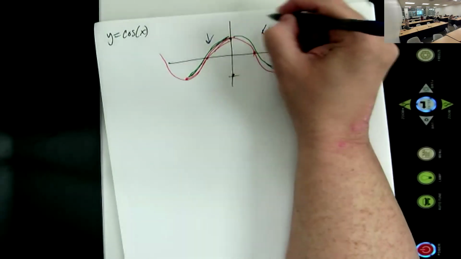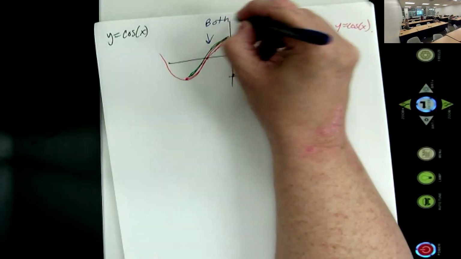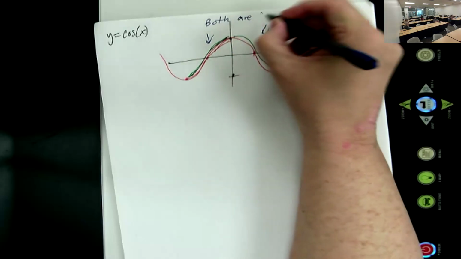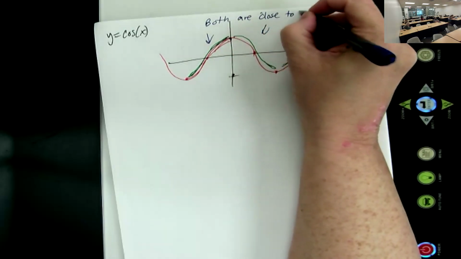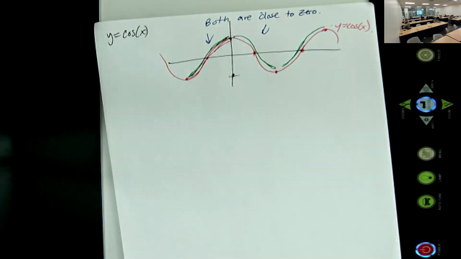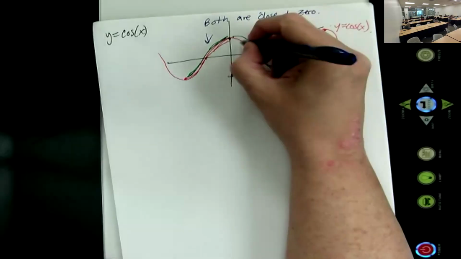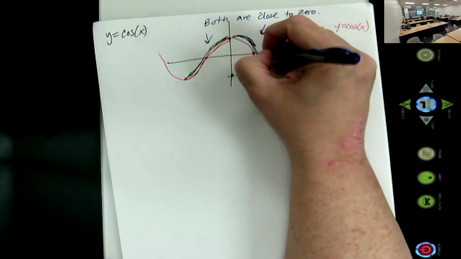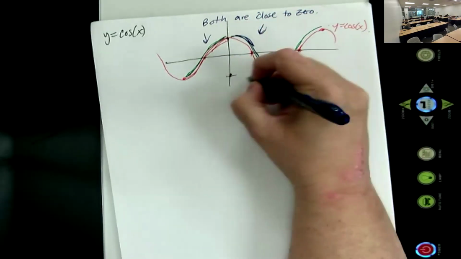Both are close to zero. We could do the one to the left or the one to the right, but the one to the left has negative signs, so we're going to use this choice. That is 0 to pi.